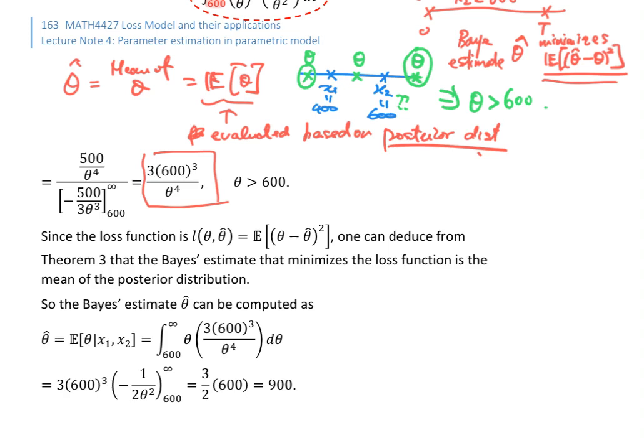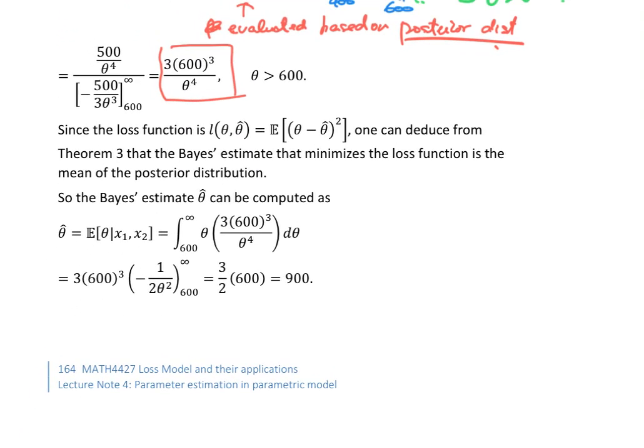So you can easily get the final answer: just compute the expected value using this posterior distribution. The remaining calculation is a very straightforward single-variable calculus exercise. Then you will find that theta hat will be around 900.